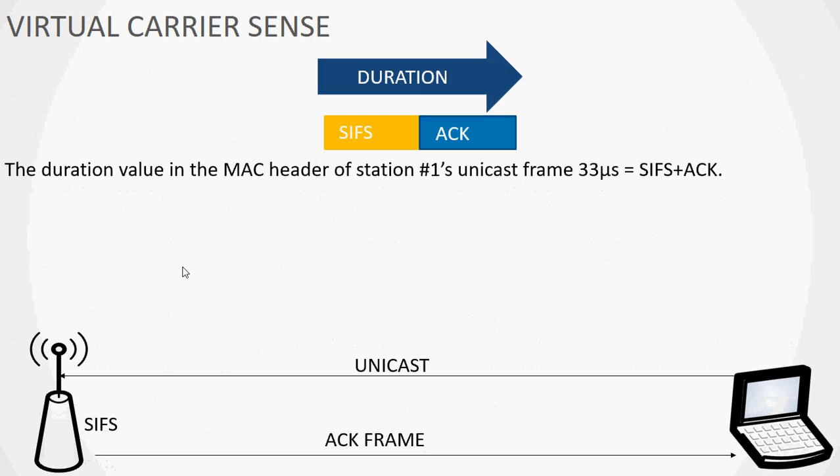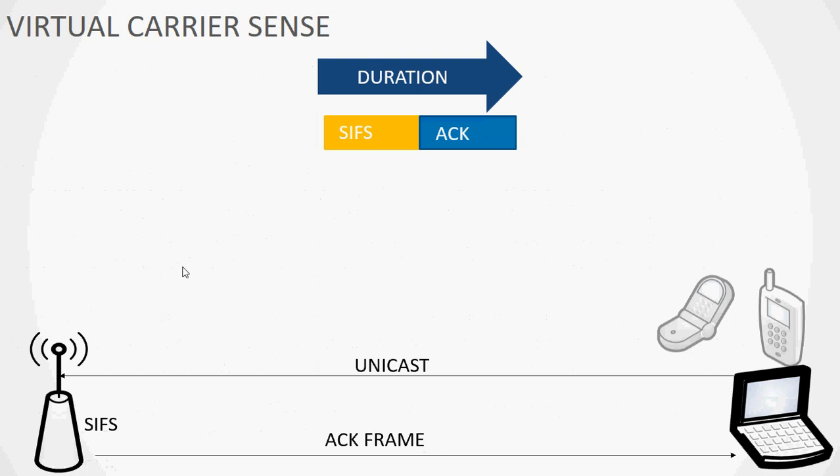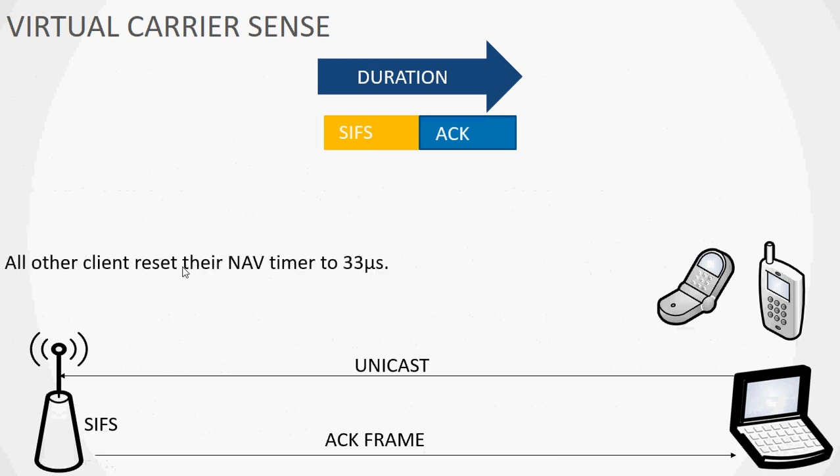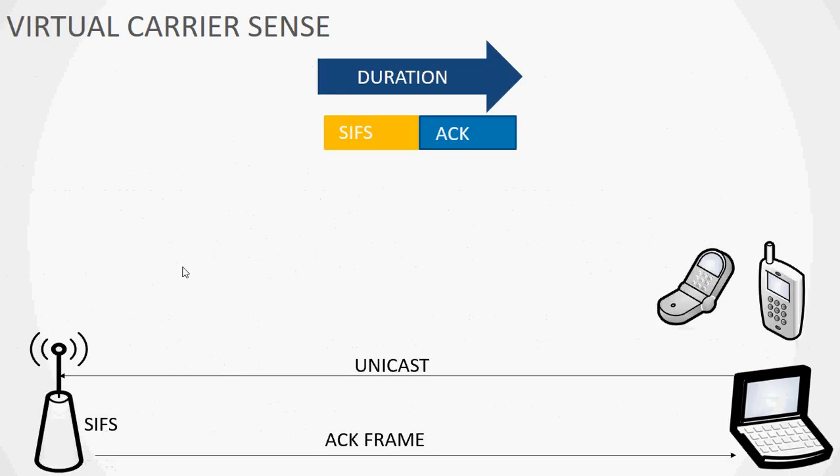This is the duration value in the MAC header of station 1's unicast frame, which is 33 microseconds. All other client stations read the duration value from station 1's unicast frame and reset their NAV timers to 33 microseconds. That's how virtual carrier sense prevents collisions.